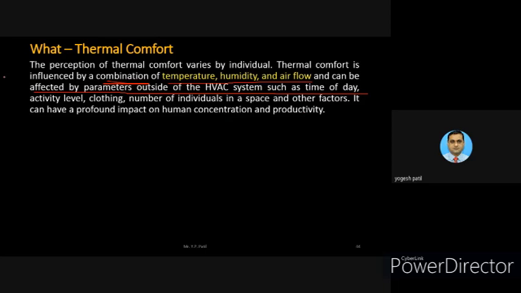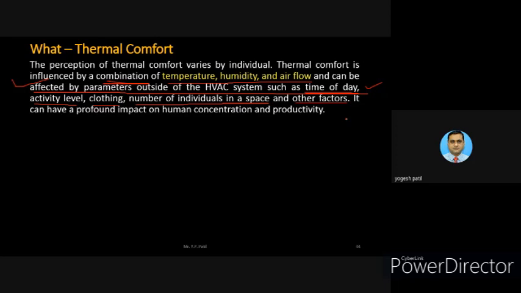This is very critical to define the set point for the comfort, because there are different types of environment during a whole day, and depending on the time the things are changing, we know very well. The activity level, the clothing, the number of individuals in a space, and other factors.